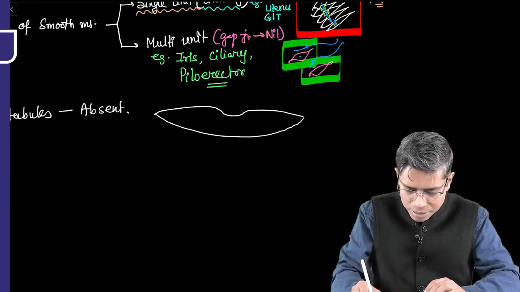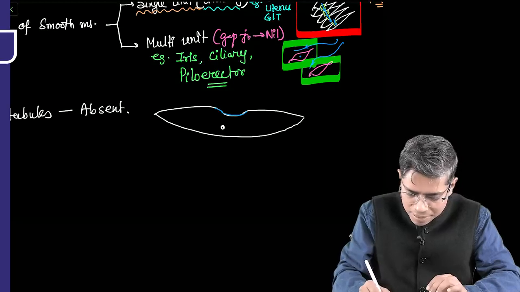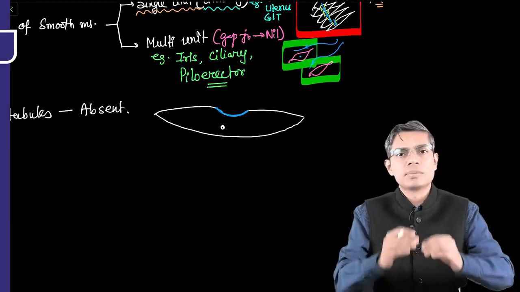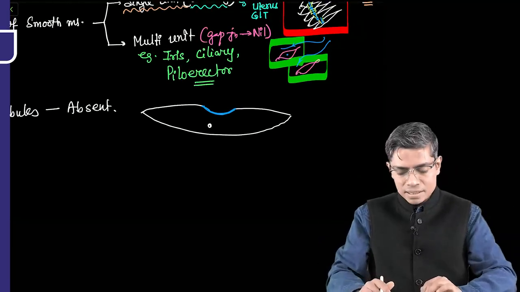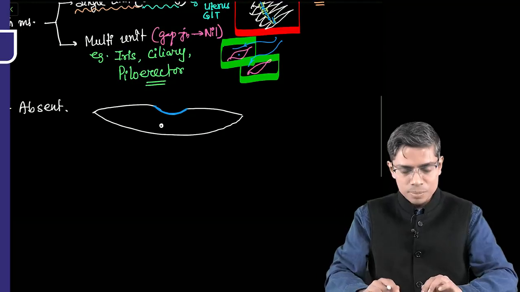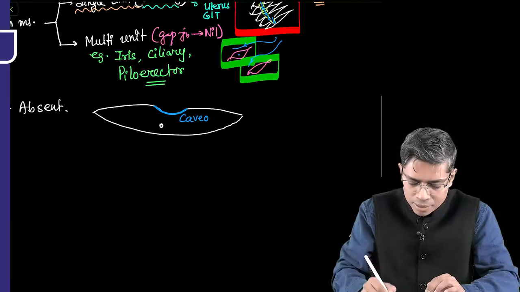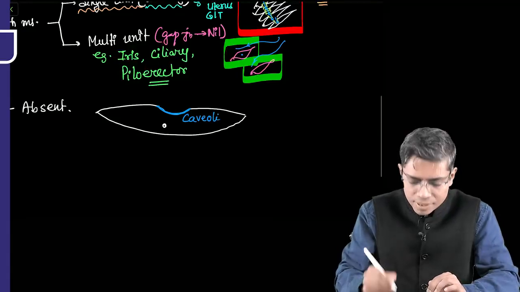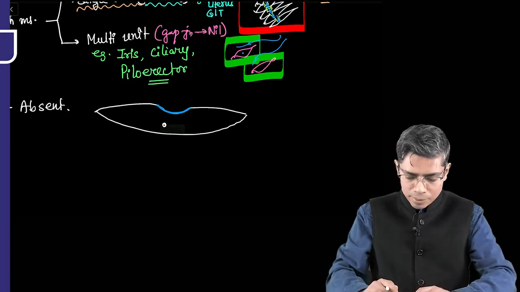Suppose this is a spindle shaped smooth muscle cell. There will be a little depressed area. This is not a complete tubule, but only a depressed area. It is said that this depressed part is basically a rudimentary T-tubule on smooth muscle. The name of this depressed part is caveoli. What is the importance of caveoli?